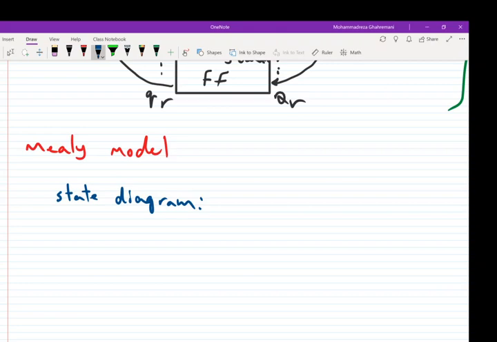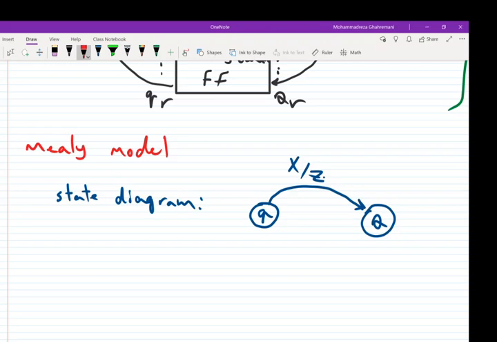A state diagram is something like this. We have a circle here, and one other circle here, lowercase q, uppercase Q. We have a connection between these two states labeled x over z.